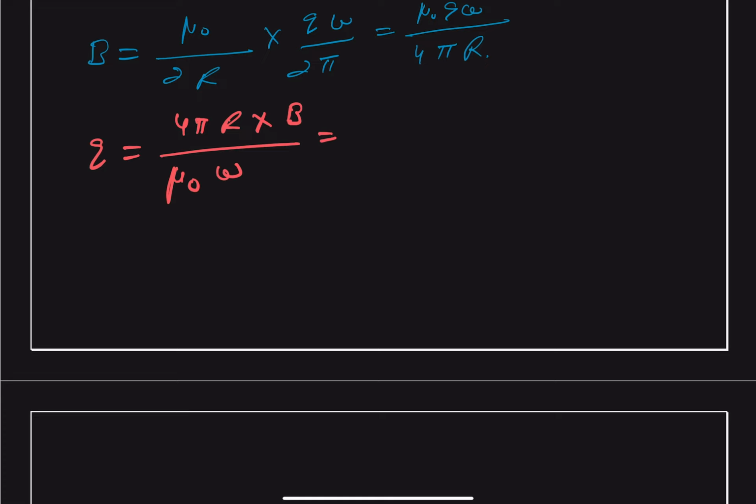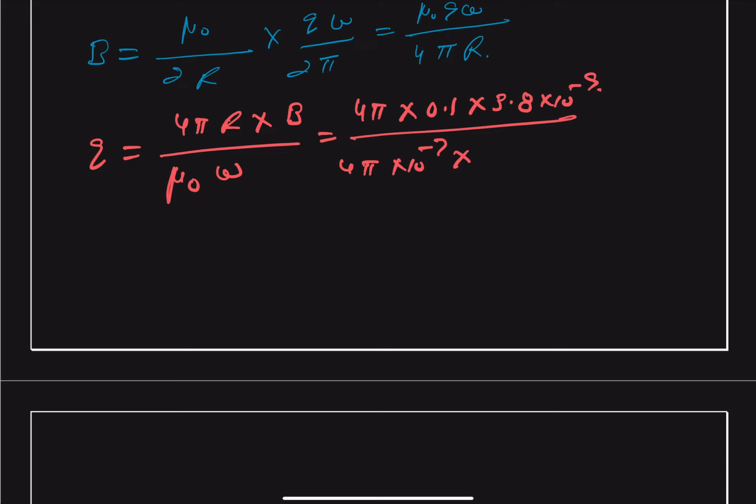We substitute the values, we get 4 pi, radius is 0.1, magnetic field is given as 3.8 into 10 to the power minus 9, mu naught we already know is 4 pi into 10 to the power minus 7, and angular frequency is given to us as 40 pi.